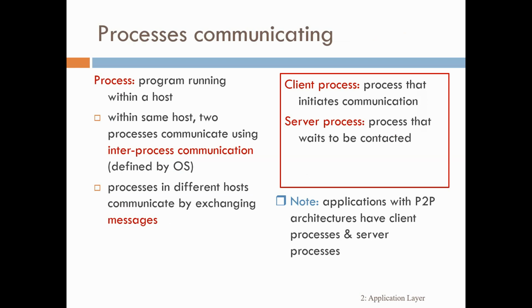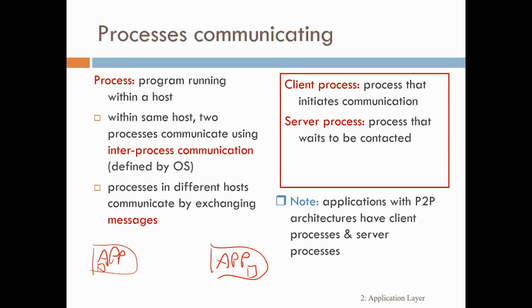Okay, so when you design an application layer program, basically you're using a protocol such that the application running in one machine will talk with the application running on another machine. They will be communicating using a protocol. So more accurately, we can say that there is a process running at an application in the first machine, talking with another process running at an application at a different machine.